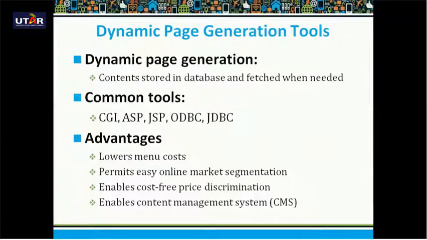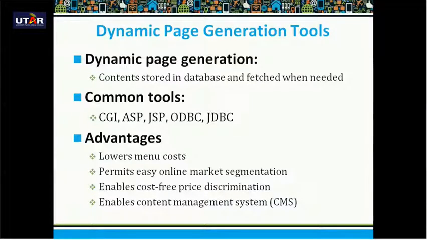So the next tool is about dynamic page generation tools. With dynamic page generation, content is stored in a database and fetched when it is needed. There are certain popular tools, for example, CGI, Common Gateway Interface, ASP, Active Server Pages, JSP, Java Server Pages, ODBC, JDBC.